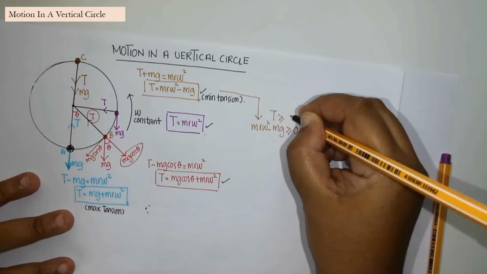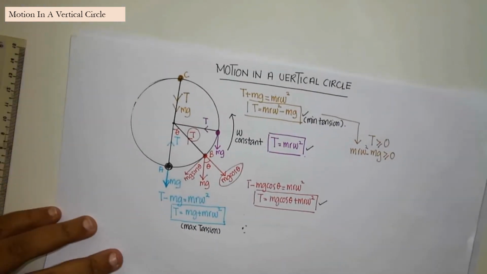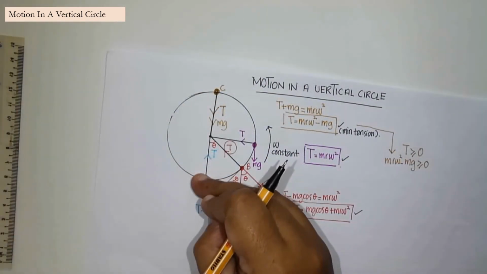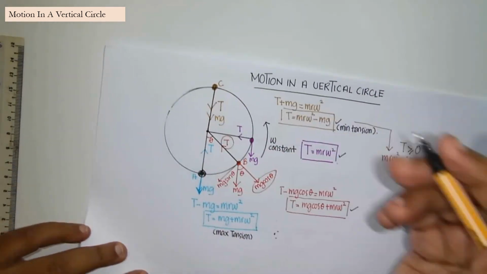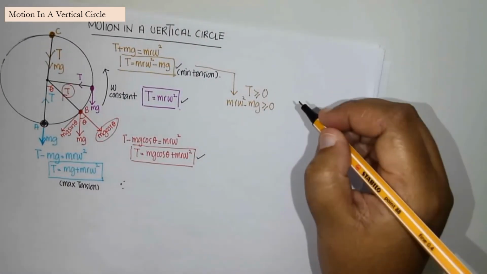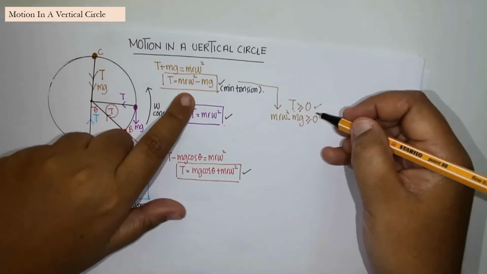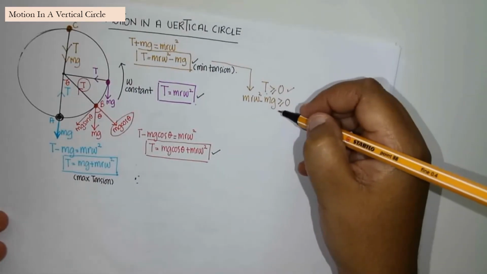That means the tension must be greater than or equal to 0. Okay, the stone can go up, right? The stone has to come down to make a complete circle. So in order for the stone to do that, the condition is the tension must be bigger than or equal to 0. That means mr omega square minus mg must be bigger than or equal to 0.